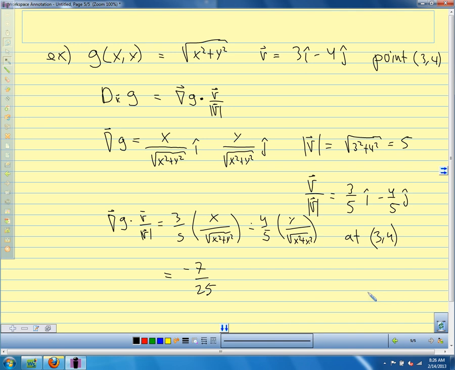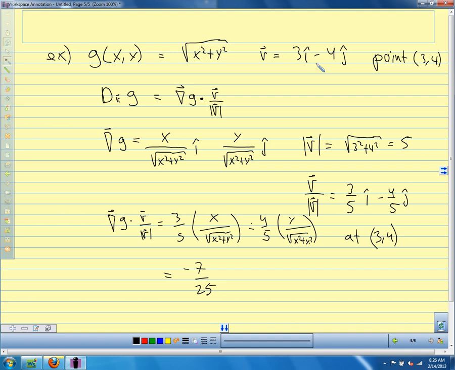So what this tells us is that at the point 3, 4, g changes by negative 7/25 units for every 1 unit we move in the direction of v. So as we move 1 unit in the direction of v, g is going to change by negative 7/25 units.